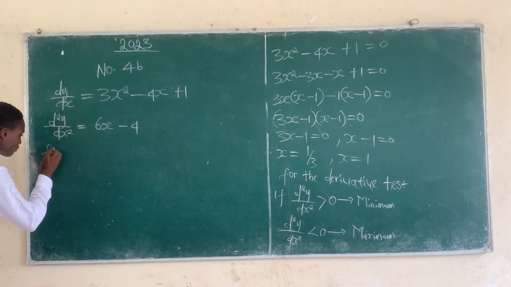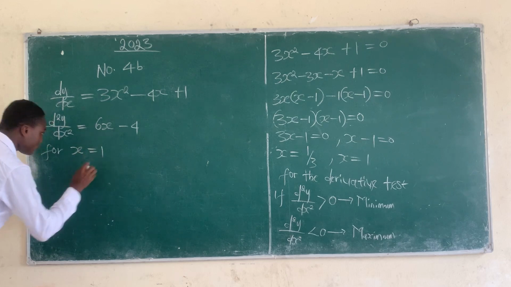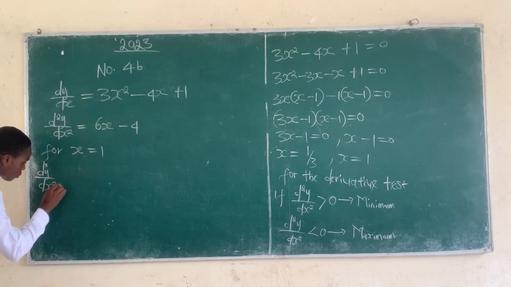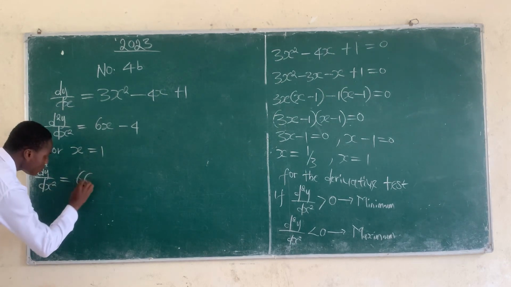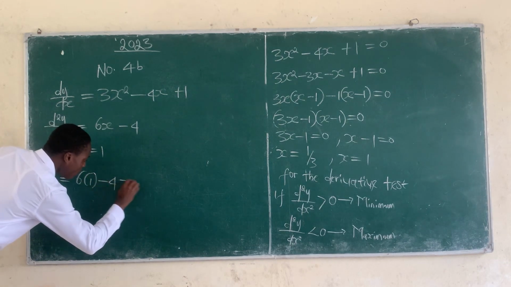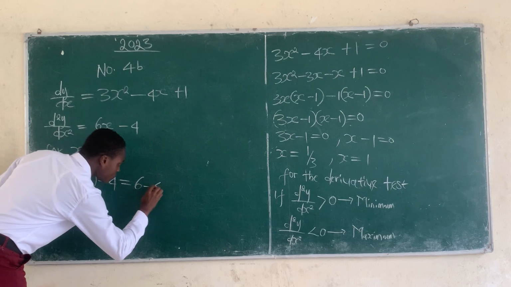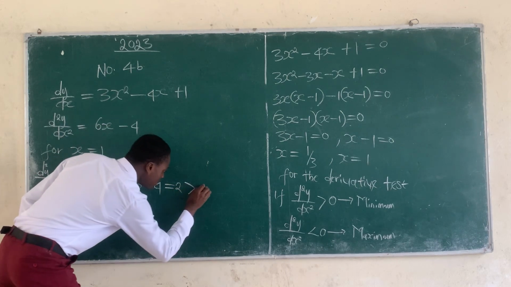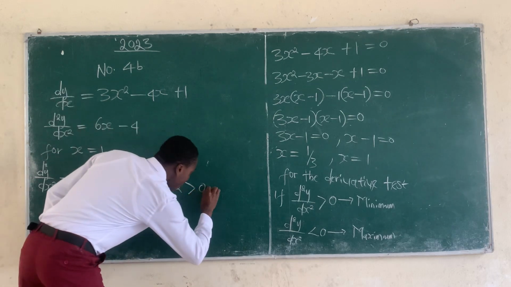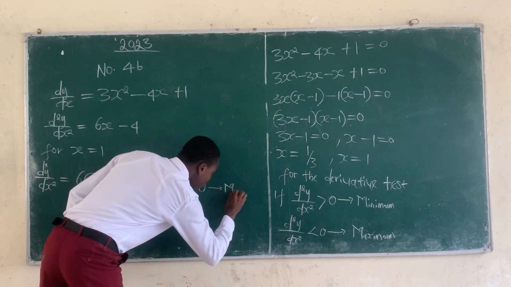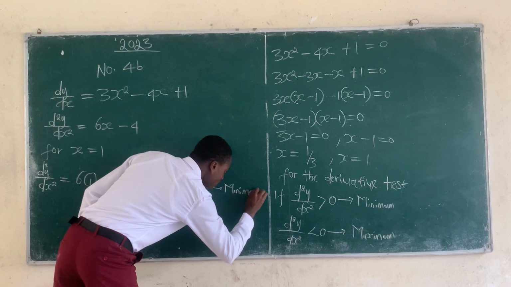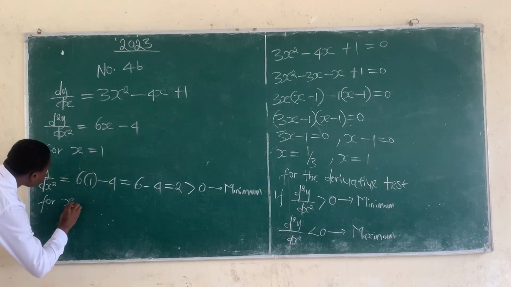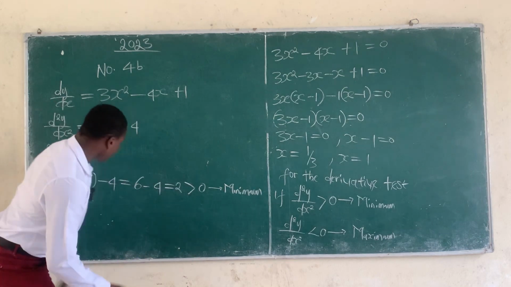So the next one there is for x equal to 1, we have d squared y over dx squared being equal to 6 into 1 minus 4. And this is going to give us 6 minus 4, which is equal to 2. And of course, this is greater than 0. So it means at that point, we have a minimum.